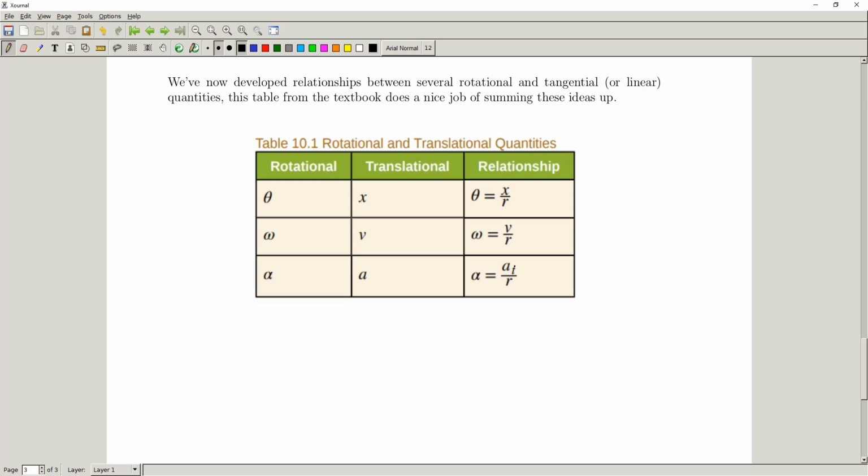I'm not sure why they often want to put a sub t on these a's. You'll sometimes see the linear acceleration written like this, but when you're writing the linear acceleration in the context of a rotational problem, people will often say a sub t, the tangential acceleration. I'm just going to use a. You may see sub t in the text sometimes, but don't worry too much about that.